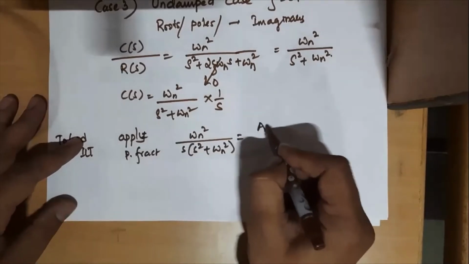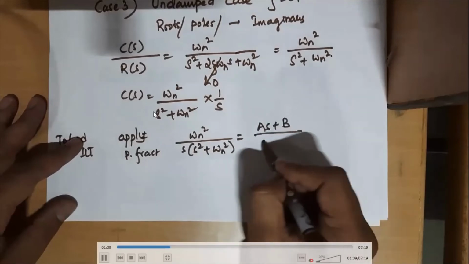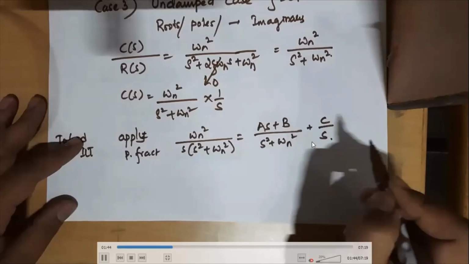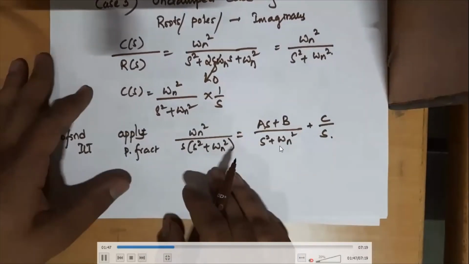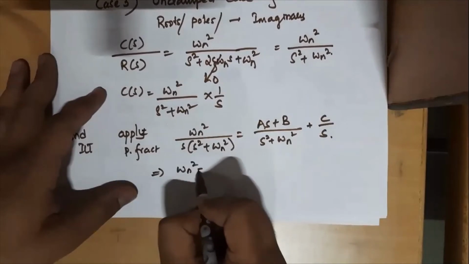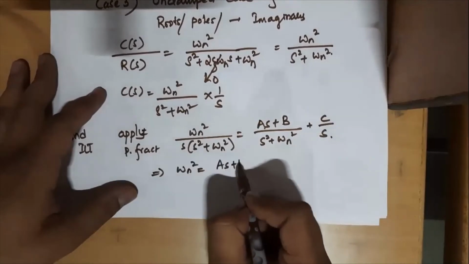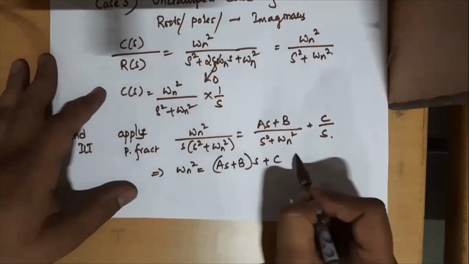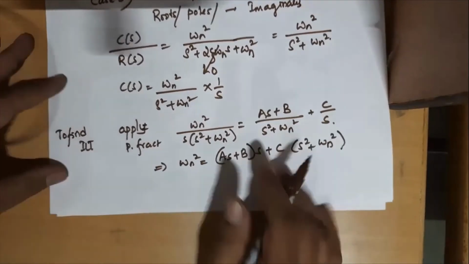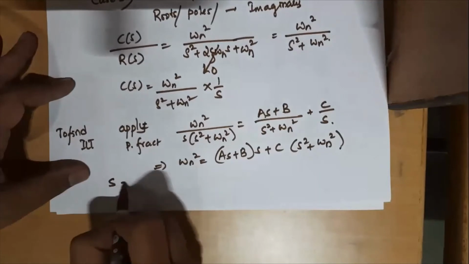So we have omega n square divided by s into s square plus omega n square, which can be written as (as plus b) divided by (s square plus omega n square) plus c by s, in partial fractions. Then omega n square equals (as plus b) s plus c (s square plus omega n square).